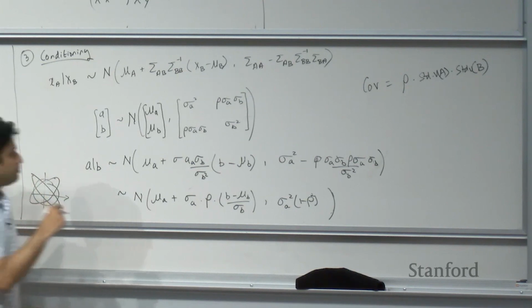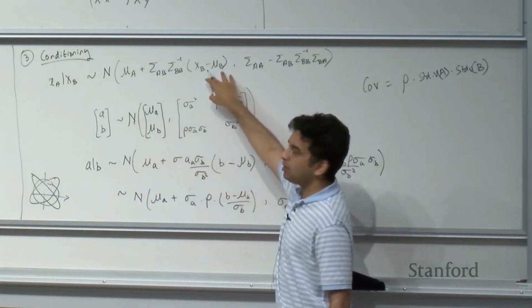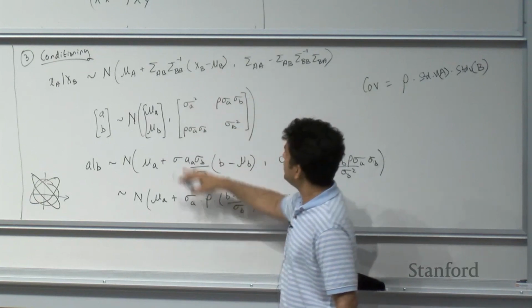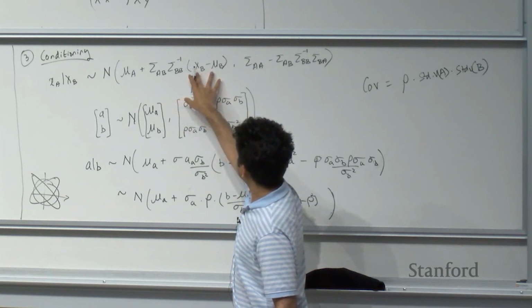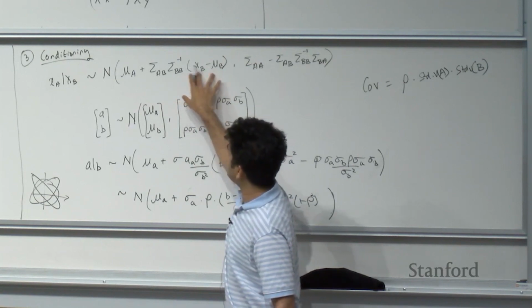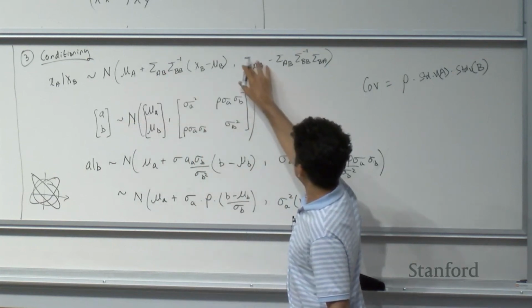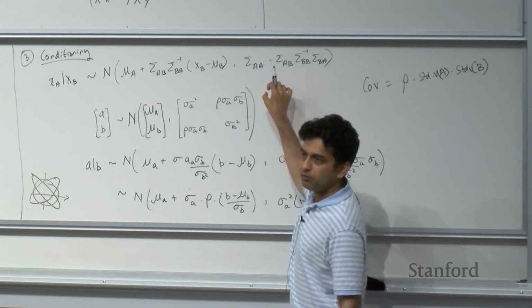So this is basically what conditioning is doing, and you can think of this as the multivariate version of this. This is just calculating the z value of the B vector and then rescaling it back into A's scale. And over here, from the variance of A, you're subtracting away some variance.